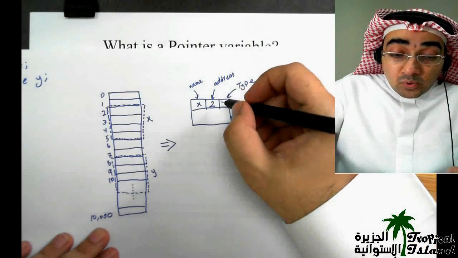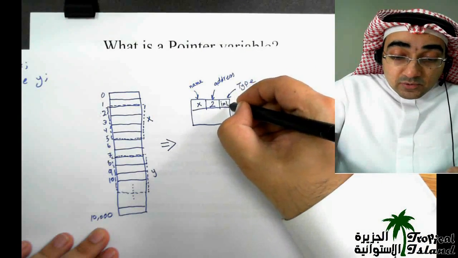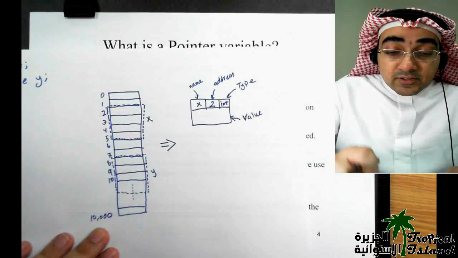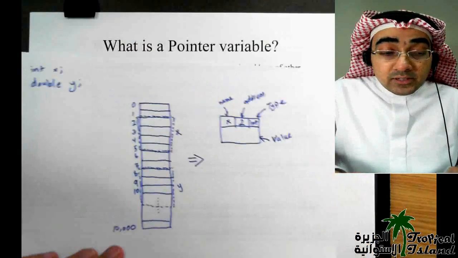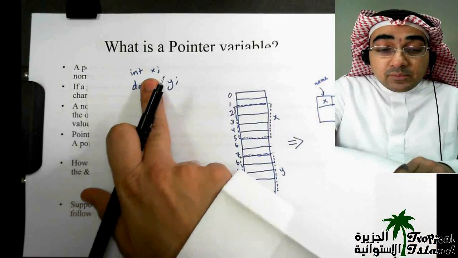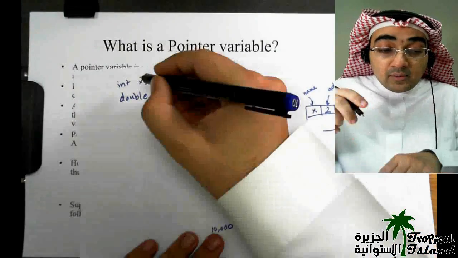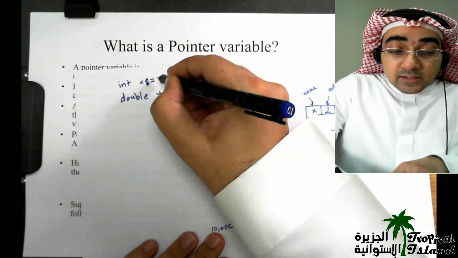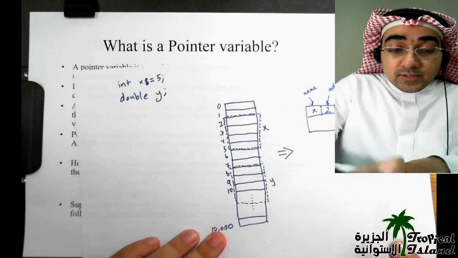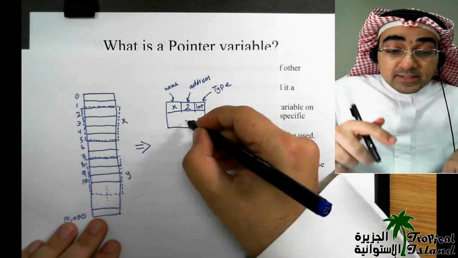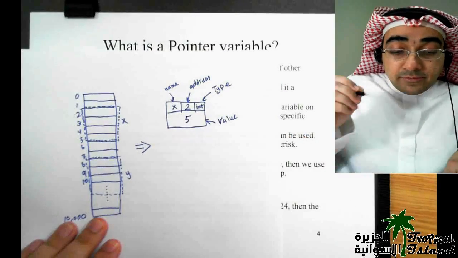Okay, what is the type of this? This is an integer type, so we write int over here, and if there is a value, we put the value over here. When we declare int x without assigning, this value will be a random value, so we're not going to put anything. But if I come over here and say this is equal to 5, for example, then this will become 5.